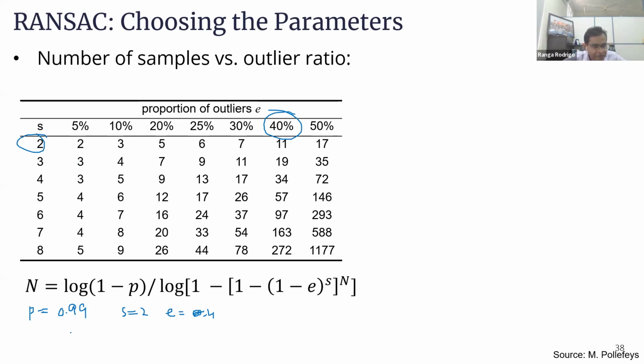So let's apply the formula. N equals log of 1 minus P, that means 1 minus 0.99, divided by log of 1 minus, 1 minus E, 0.4, to the power of 2.